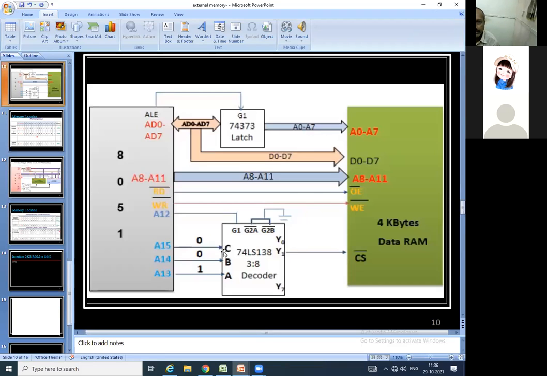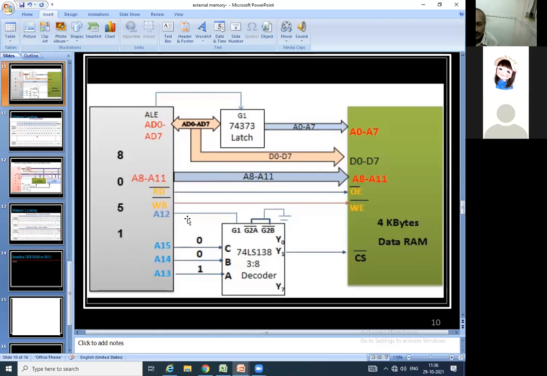So first thing, this diagram. What changes will there be in this diagram? Instead of 4 KB, 2 KB. The WE bar and WR bar should not be there. Other thing, here A8 to A10 should be there, and A11 has to connect to the VCC.